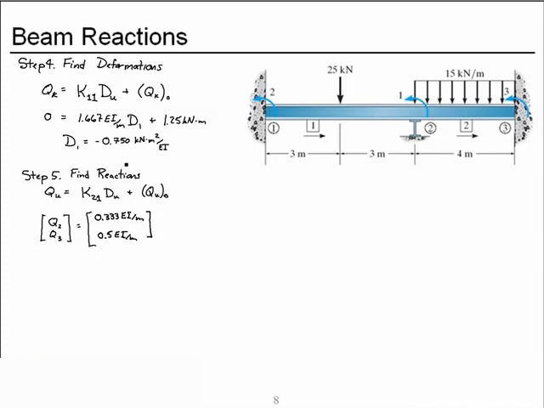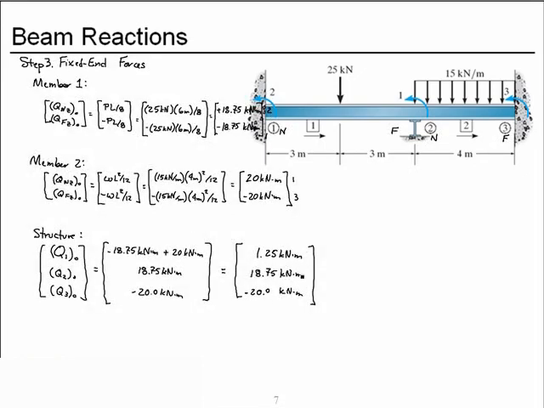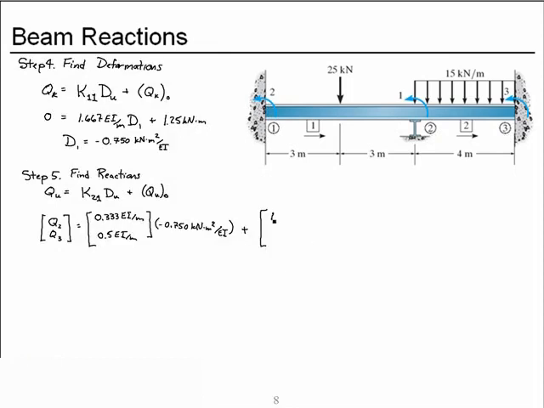There's only one deformation in this case, minus 0.75 kilonewton meter squared over EI, and to which we add the fixed end forces at the supported degrees of freedom or constrained degrees of freedom, which are these. And minus 20 kilonewton meters.